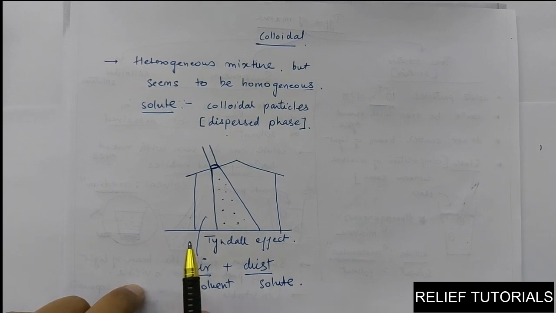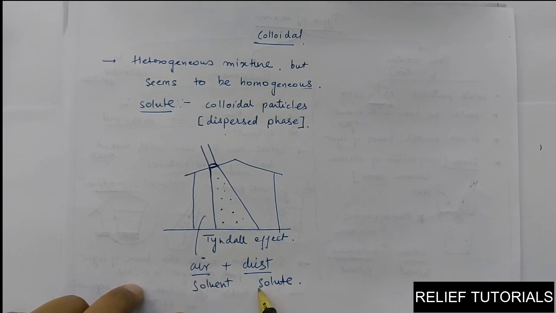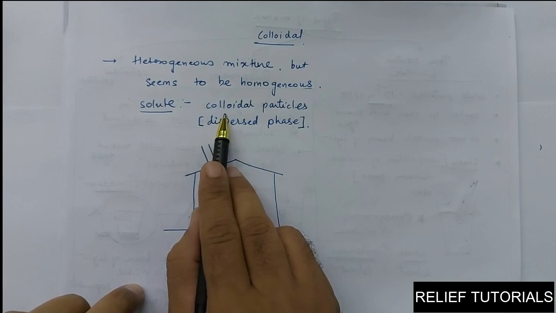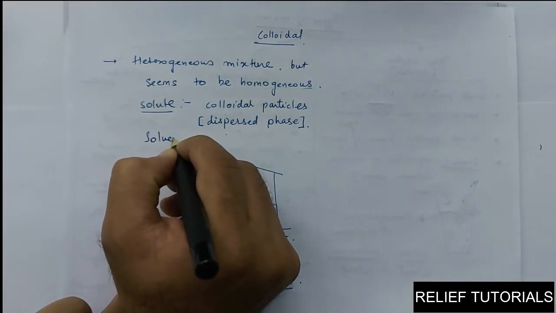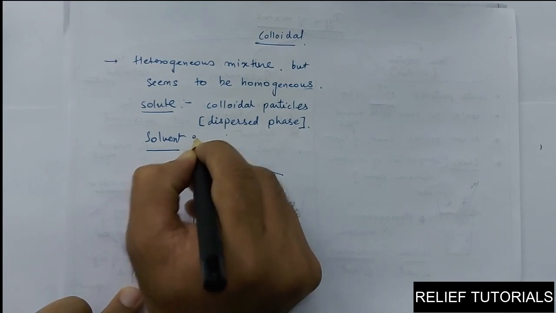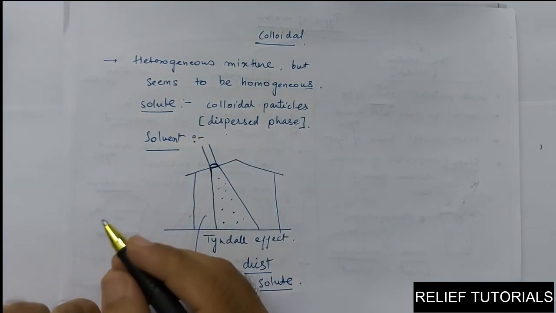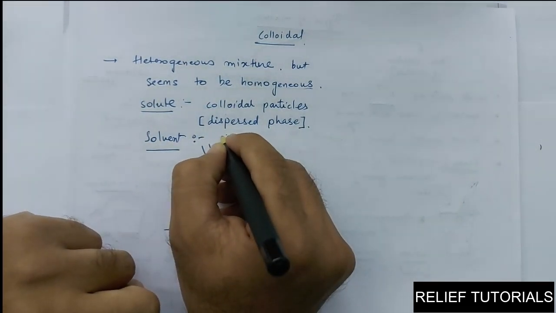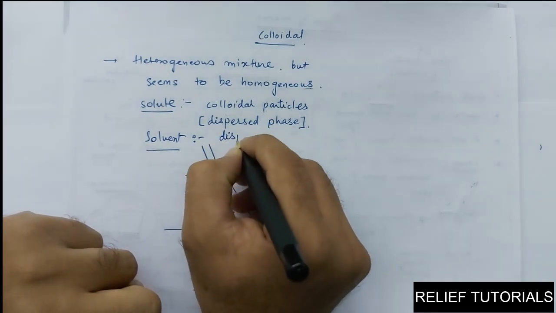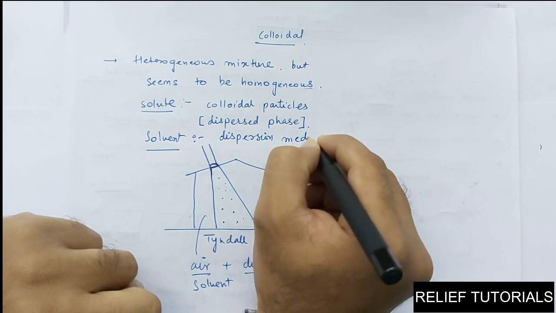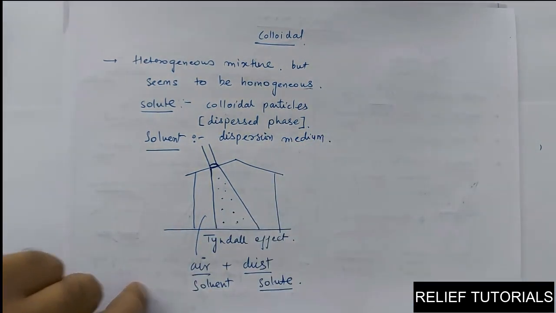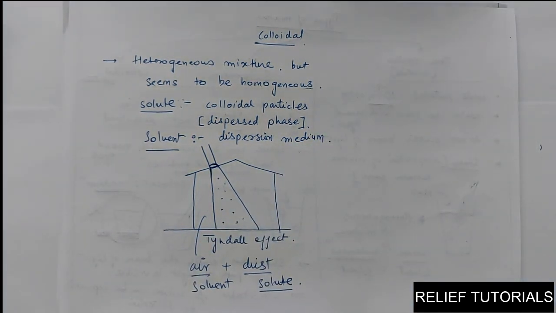But because it is a colloidal solution, dust particles means the solute particles are called as colloidal particles or dispersed phase. Here the solvent is called as dispersion medium.